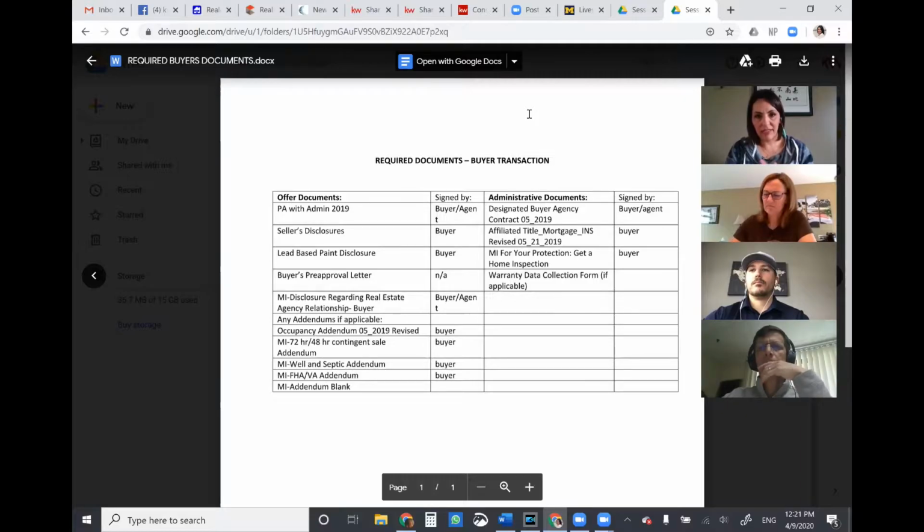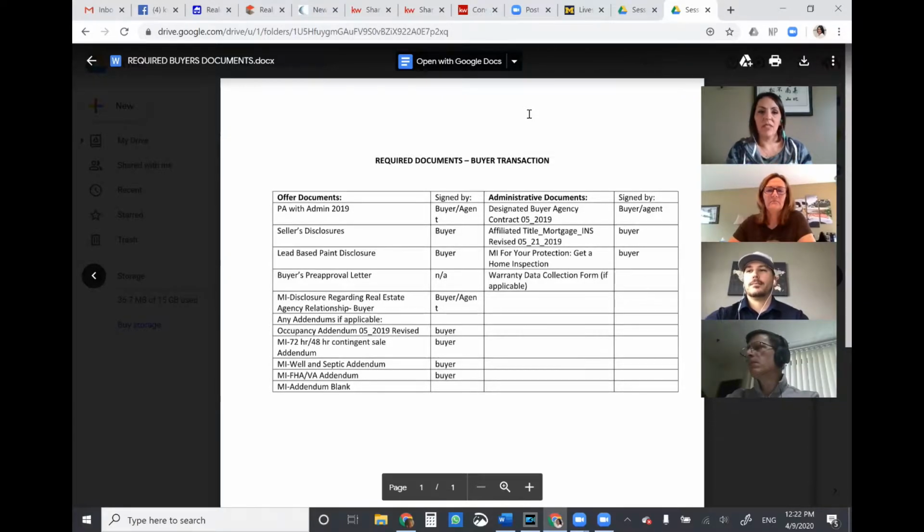And you'll see in that second little column who it is that signs those. Is it the buyer and the agent? Is it just the buyer or no one, like on the pre-approval letter? And then as you go a little further down, you'll see addendums if applicable, right? So not every offer is going to have an occupancy because maybe they're closing and exchanging keys at closing.